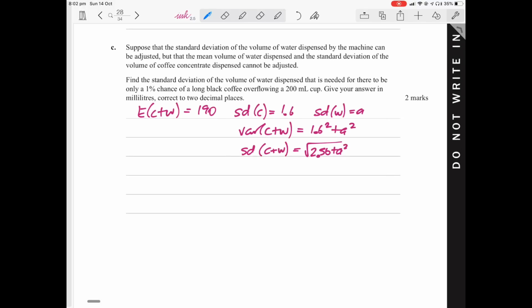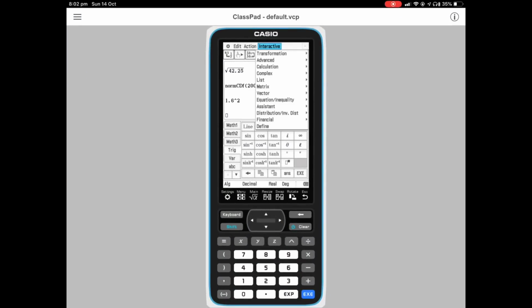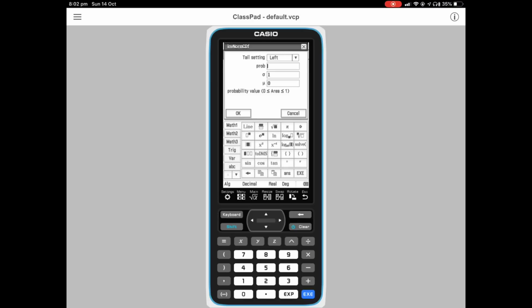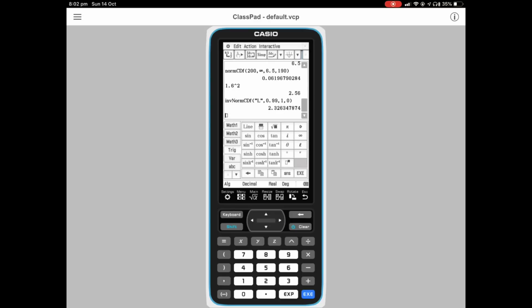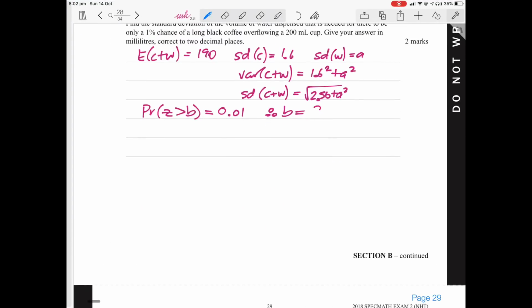Okay, 1% chance of overflowing a 200 ml cup. So the probability that Z is greater than B is equal to 0.01. Therefore, B is equal to inverse norm, let's go left, 0.99. 2.326.